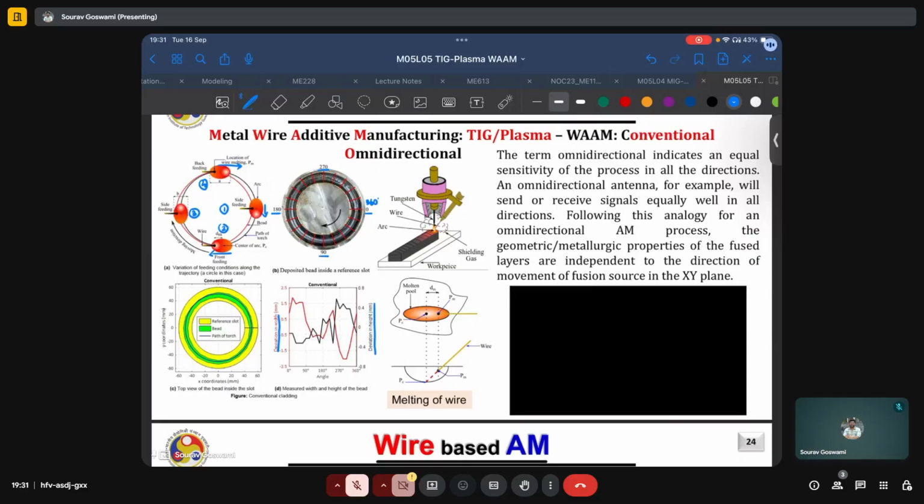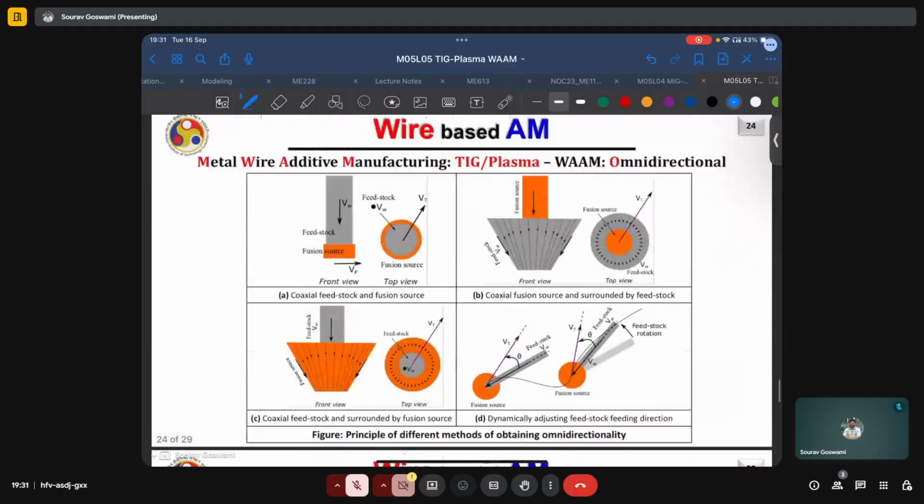The term omnidirectional indicates an equal sensitivity of the process in all the directions. An omnidirectional antenna will send or receive signals equally well in all directions. For an omnidirectional AM process, the geometric or metallurgical properties of the fused layers are independent of the direction of movement of the fusion source in the XY plane.